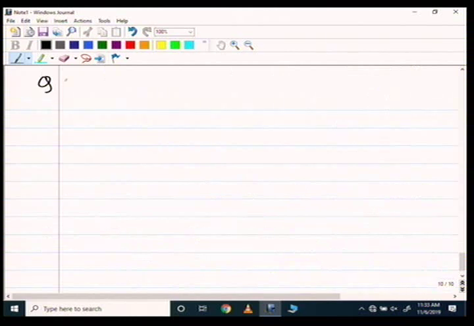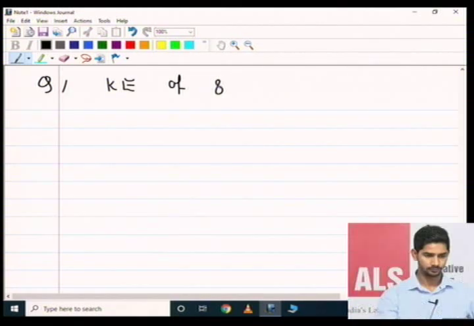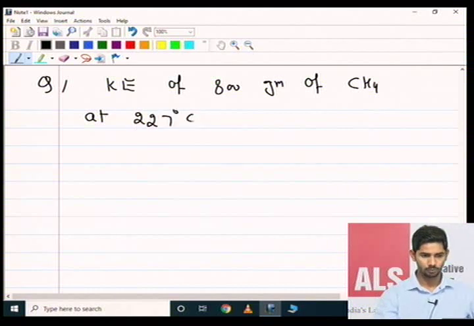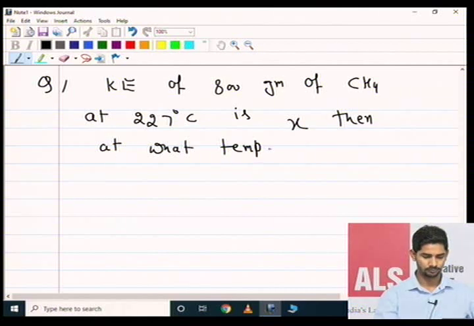Do this question. Kinetic energy of 800 gram of CH4 at 227 degrees Celsius is X. Then at what temperature will its kinetic energy be 3x?